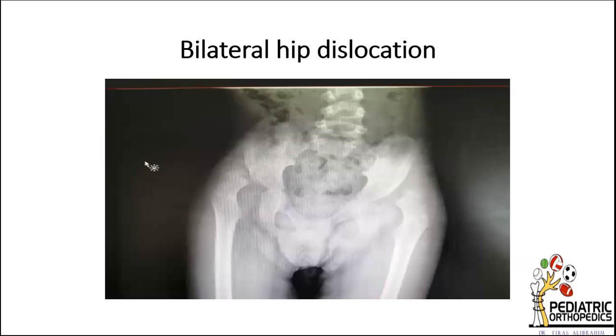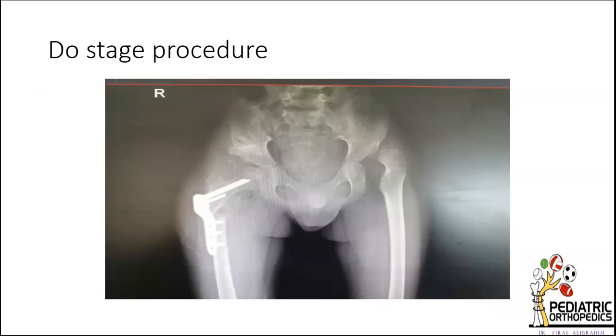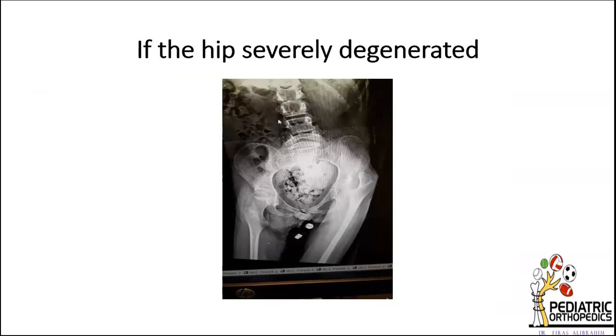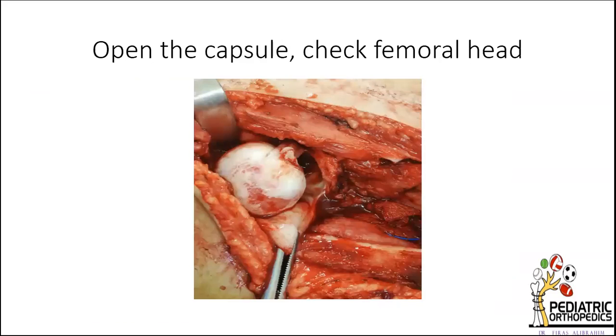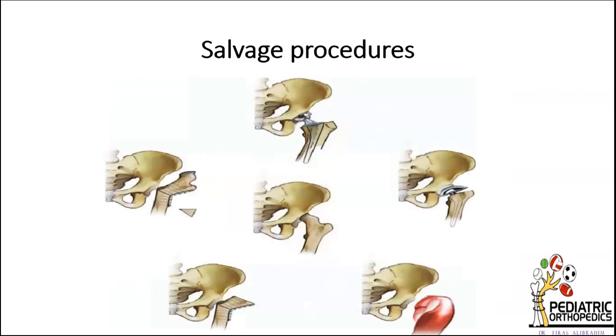If we have bilateral hip dislocation, we prefer to do staged procedure. If the hip is severely degenerated, after opening the capsule, we assess the cartilage of the head. If it is severely degenerated, we go for salvage procedure. Either we do Castle arthroplasty with valgus osteotomy, or in older children send to the arthroplasty team.